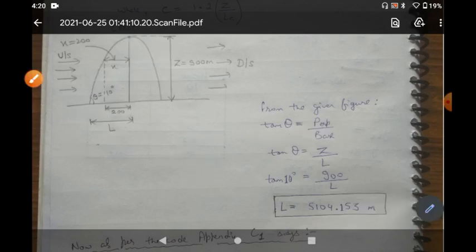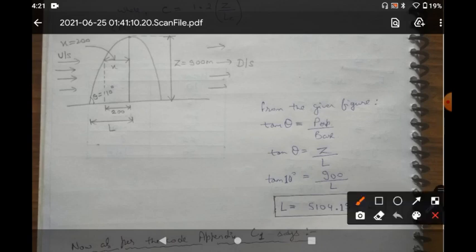I have taken the value for the perpendicular dimension, that is Z, and for the base, that is denoted by L. Theta is 10 degree, so I'm taking 10 degree here, and the value of Z is 900 meter, and the value of L is unknown to us.